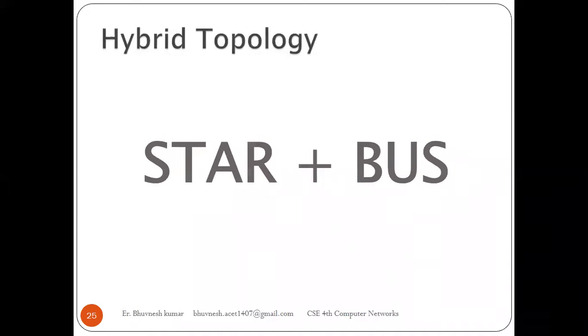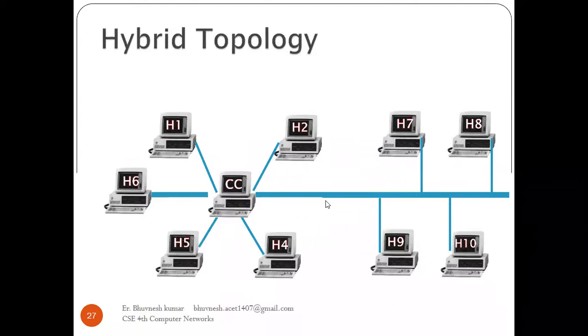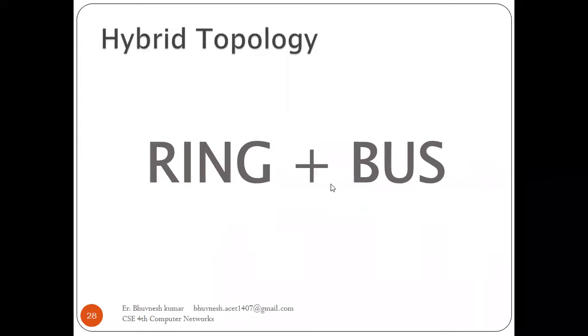Further, hybrid can also be a combination of star plus bus. Here is your star topology, here is your bus topology, and it is connected with your H3 PC. This is what your network looks like. Further, hybrid can be made of ring plus bus.